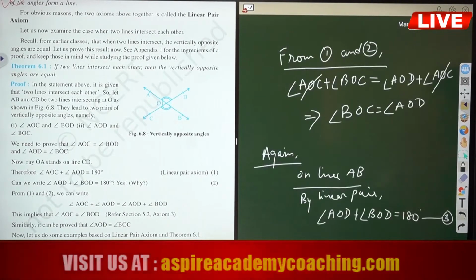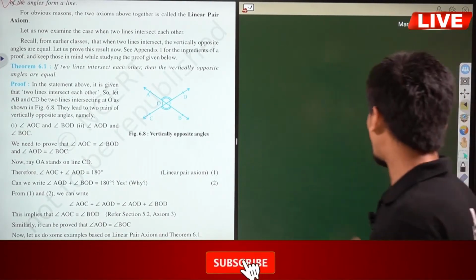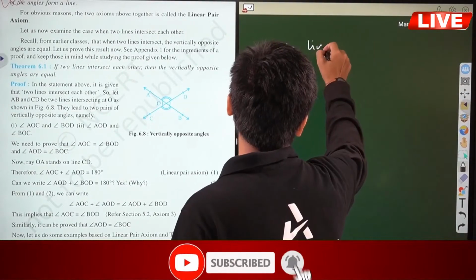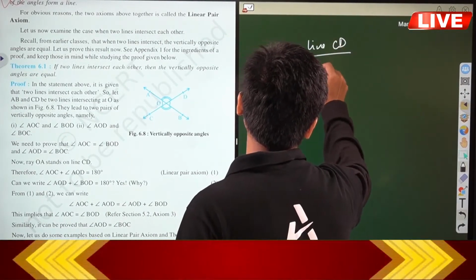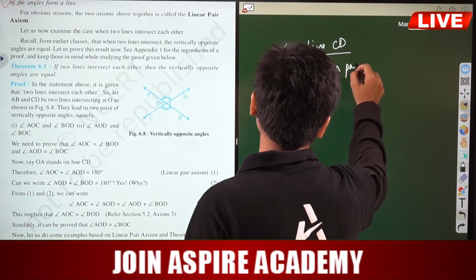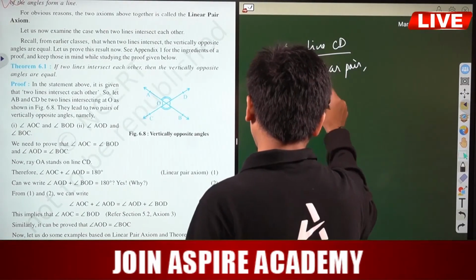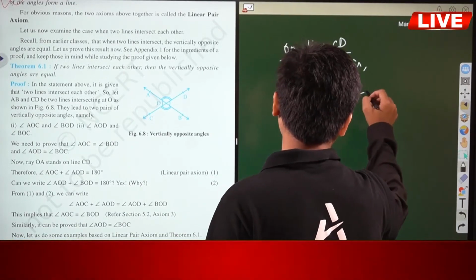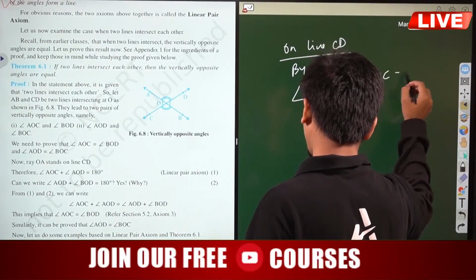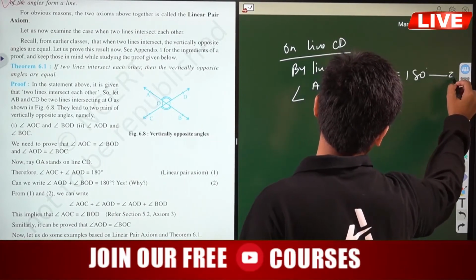Therefore I can write on line CD, by linear pair, angle AOD plus angle AOC is equal to 180 degrees. Let this be equation 4.